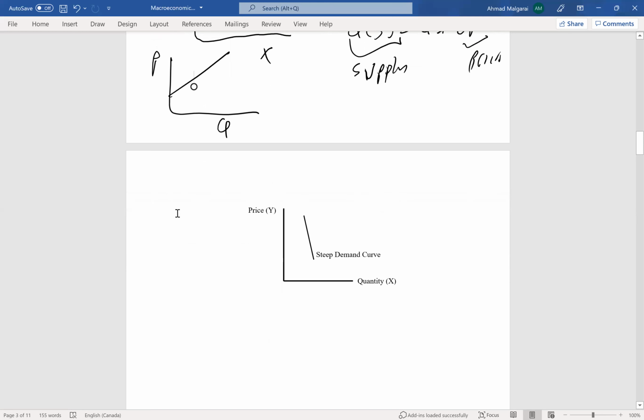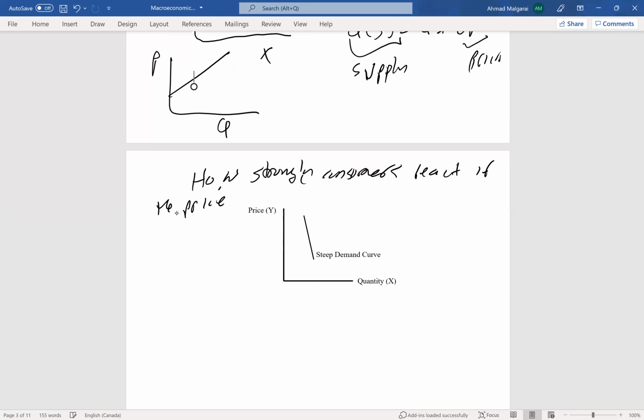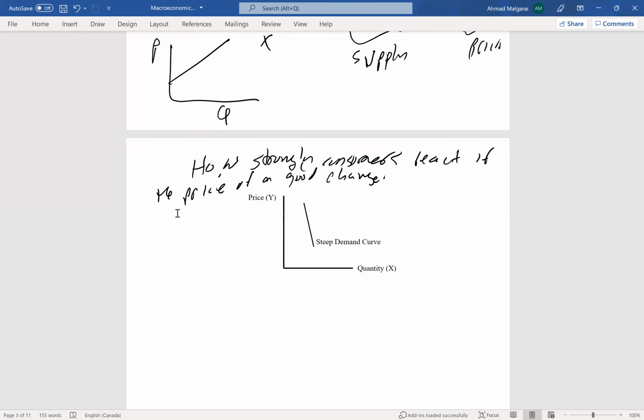If you want to ask the question, how strongly do consumers react if the price of a good changes, this comes to the issue of steep and flat curves.